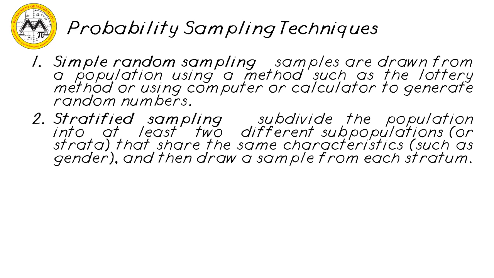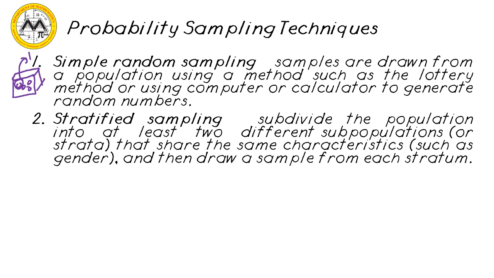So what you do here is, this is the fishbowl technique. You place everything here and then you randomly pick one. So that is a simple random sample, randomly picking an element from the population.